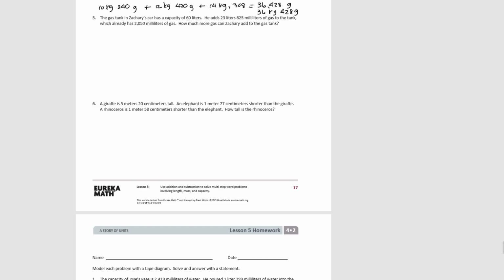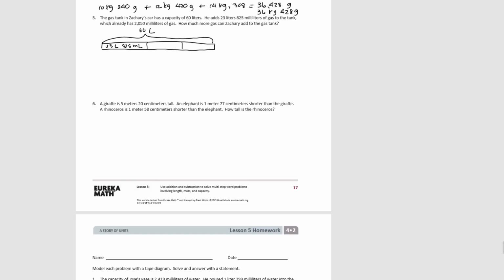Okay, so we know that Zachary's tank can hold a total of 60 liters. He adds 23 liters, 825 milliliters to the tank.